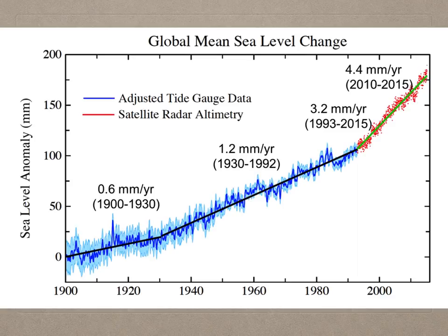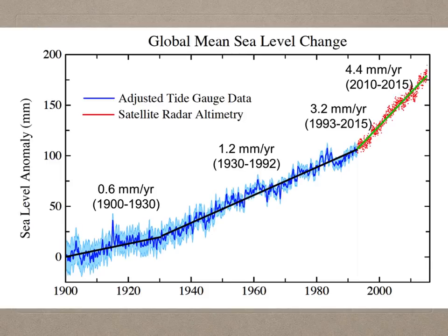Warm water expands and thus leads to an increase in sea level. You can also see from this curve that over the last decade or so, the rate at which sea level has been rising has increased.